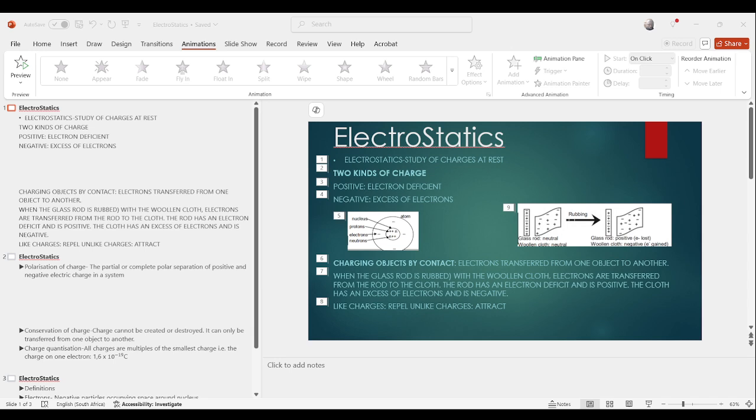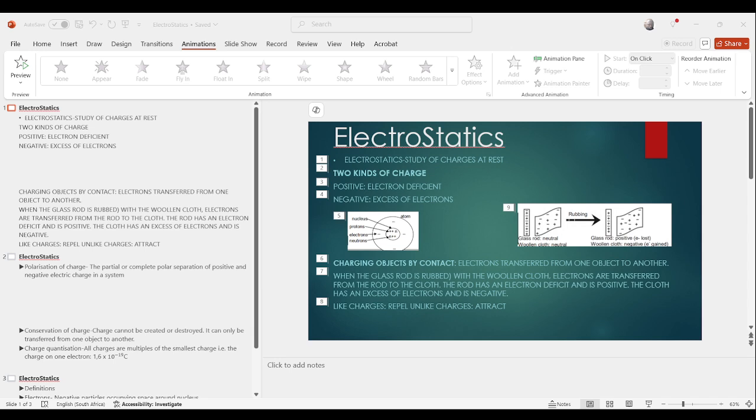And the second charge is the negative charge. This is where there's an excess of electrons. When there's a lot of electrons, the object is negatively charged. So what can you get out of this? They've talked about electrons in the definition of both positive and negative.